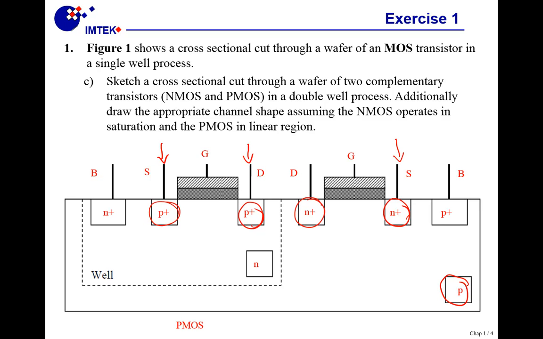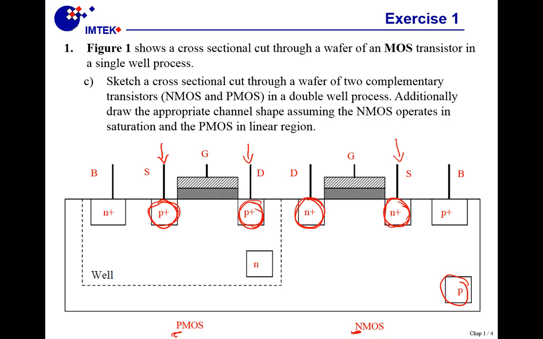Finally, as I already stated, since we have a p-doped source and a p-doped drain, this means that this is a PMOS, and in this case we have an N-doped drain and N-doped source, so we can easily say that this is an NMOS.